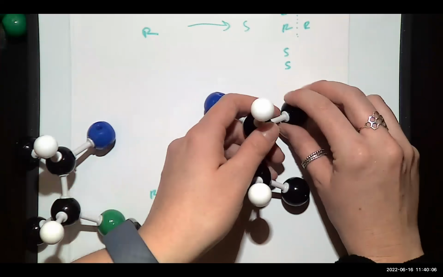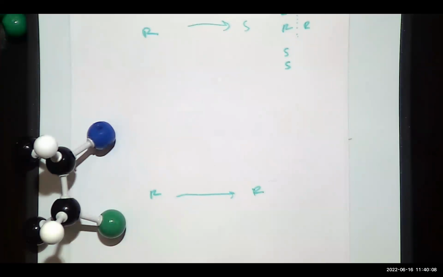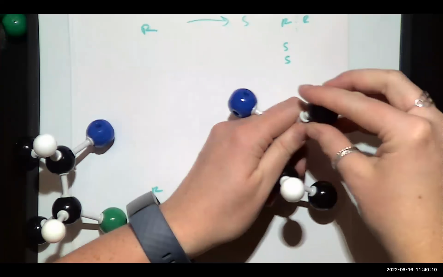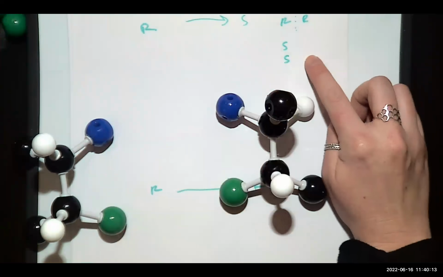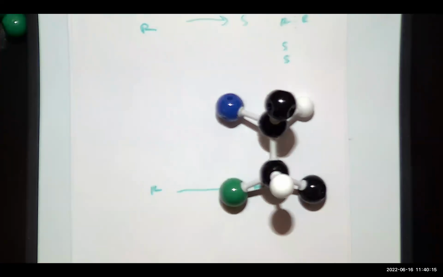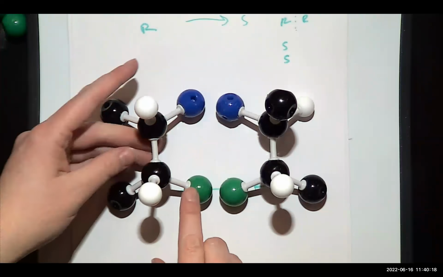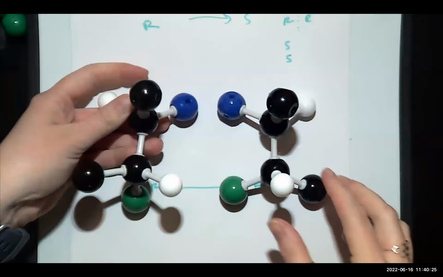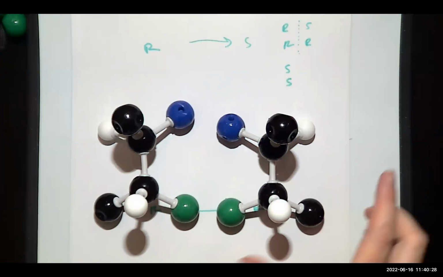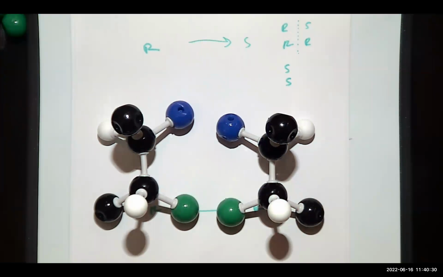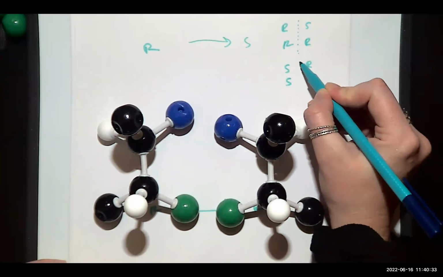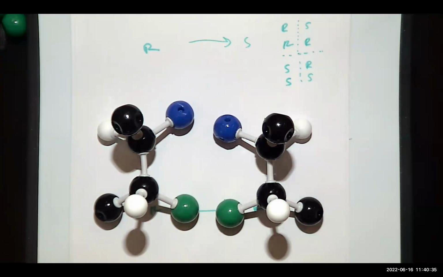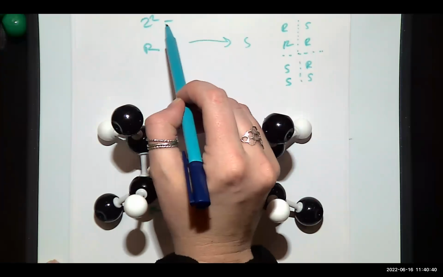So this becomes R, and the bottom one stays S. Here we go. These are mirror images. So now we have SR and RS. Okay, so these are the four possible; 2 to the n with two chiral centers is 4.